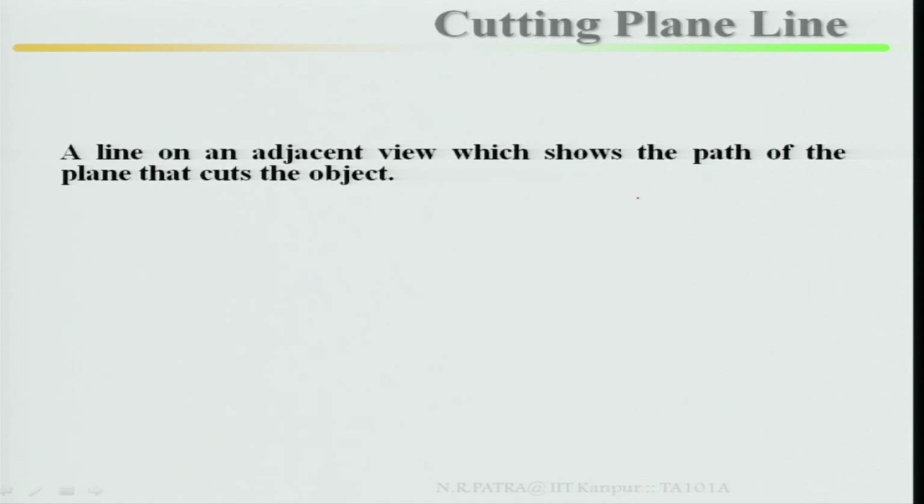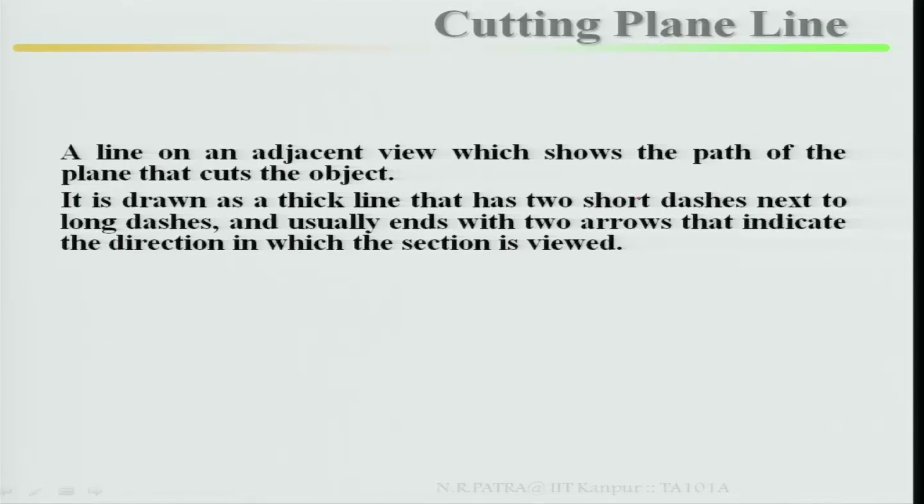Then once sectioning is over, the cutting plane line is a line on an adjacent view which shows the path of the plane that cuts the object. I am just reading it, you just look at it. It is drawn as a thick line that has two short dashes next to long dashes and usually ends with two arrows that indicate the direction in which the sectioning is viewed.